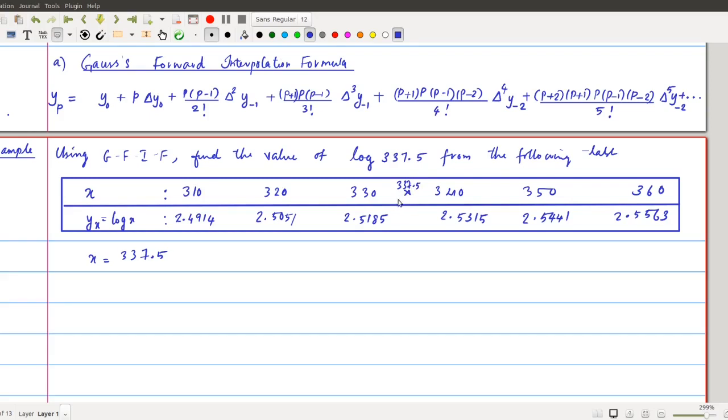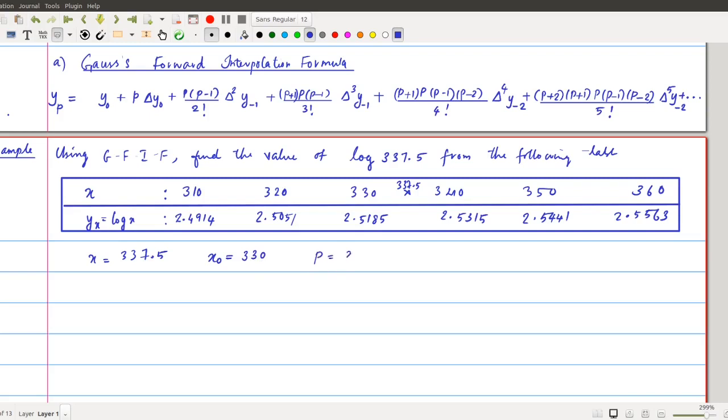Okay, in order to evaluate this using the Gauss forward interpolation formula, we put x naught as the value given in this table just before 337.5. So that is going to be 330. So we set x naught equal to 330. Now we define p.